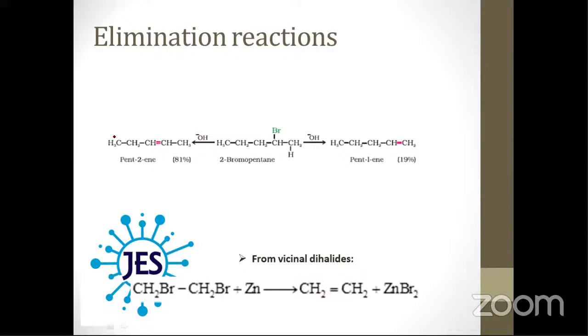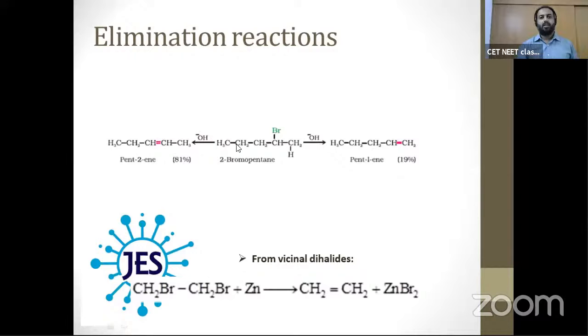Alcoholic KOH is a dehydrohalogenating agent, and when you treat a haloalkane with a dehydrohalogenating agent, you end up getting an alkene. Check this out.